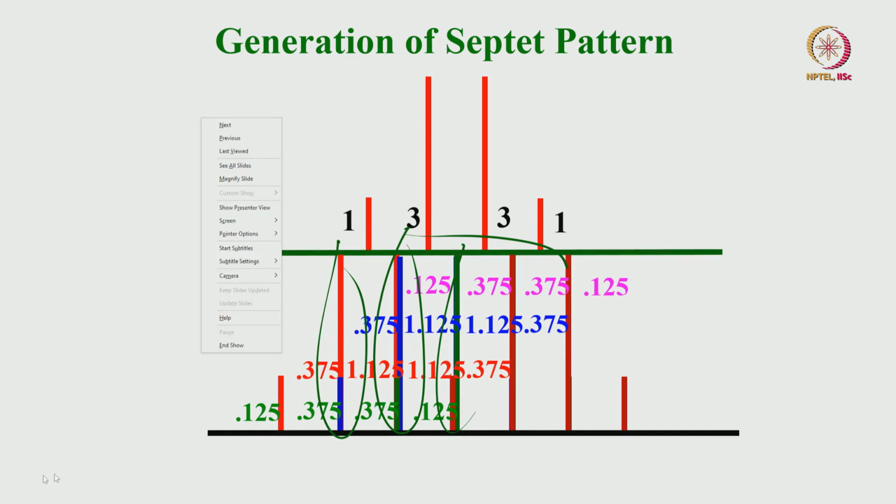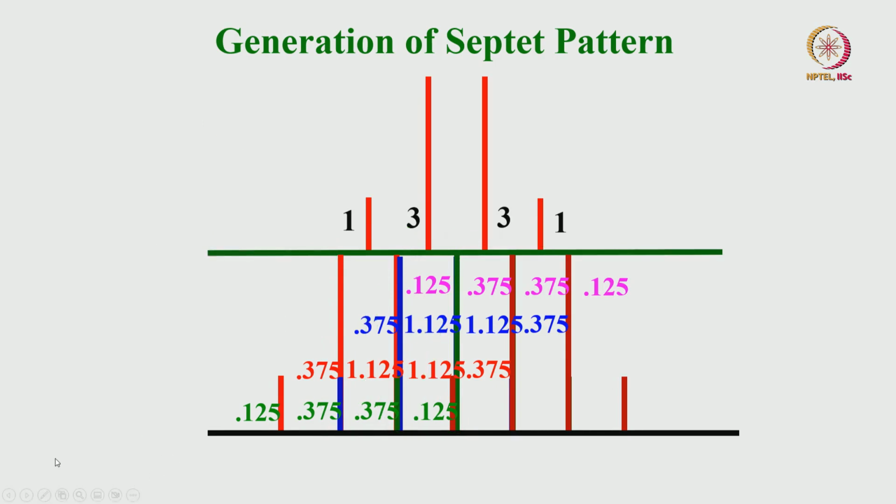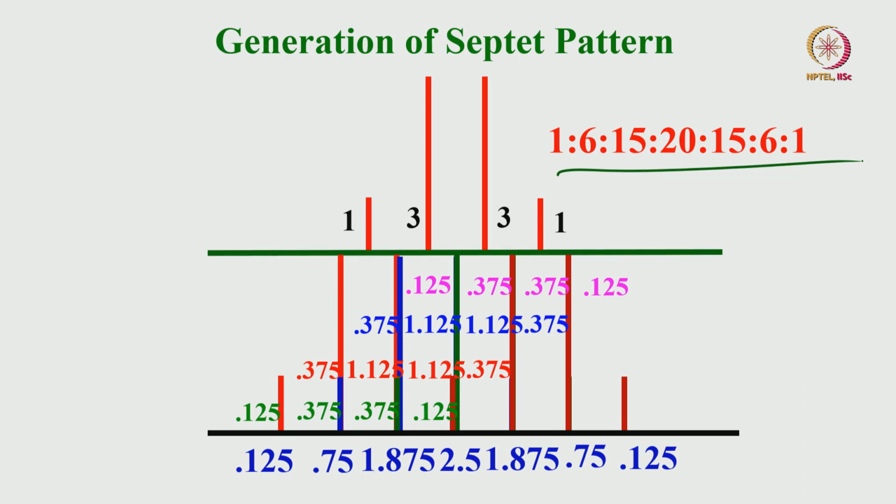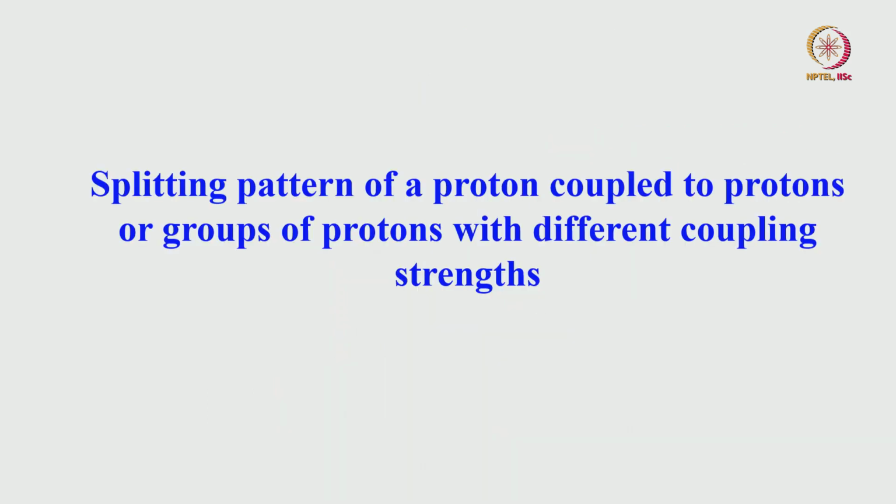Calculate all the intensities I have written at the top here, and if you calculate the ratio, it is a septet, a 7-lane pattern, and this is how you get the septet. So, this is how we arrived at the splitting pattern when one proton is coupled to other protons.